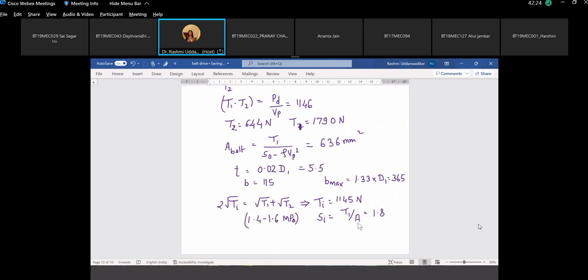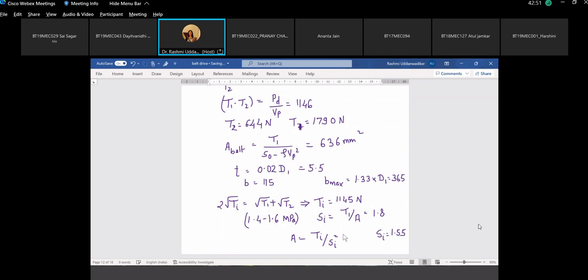Let us increase the area. Make your area as this value of Ti upon the allowable value of SI. Let it be 1.6, or you can take it a little less than 1.6. Let the value of SI be 1.5 or 1.55 MPa.